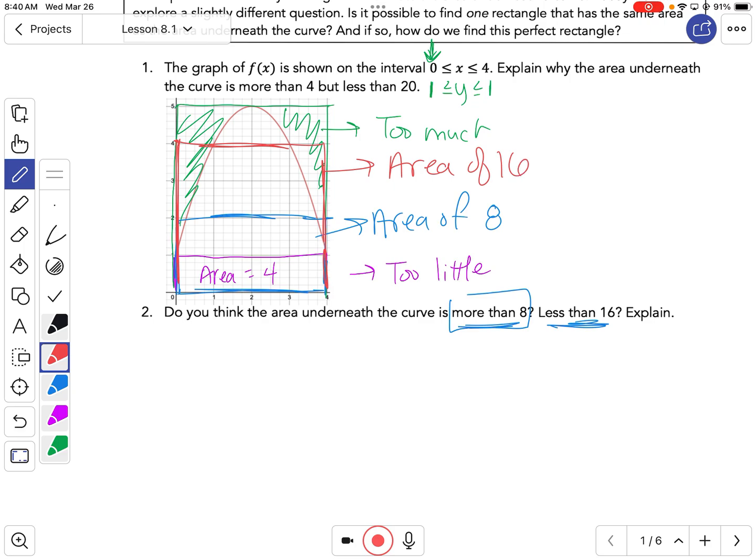So as we're looking at these, all right, what do we think? Is our area going to be more than 8, less than 16? Yes, no? Yes on both of those, okay? So it's got to be more than 8. 8 still leaves way too much area unaccounted for, okay?